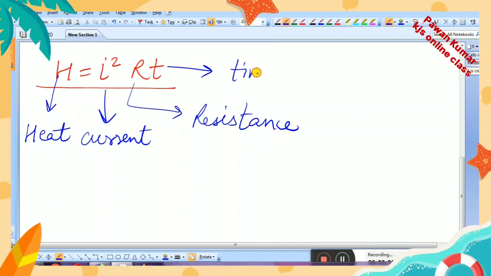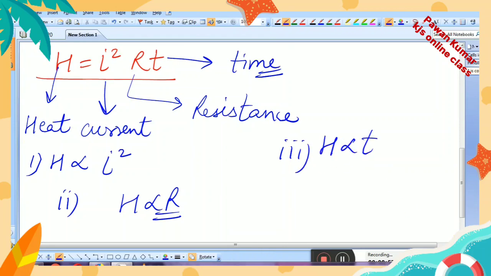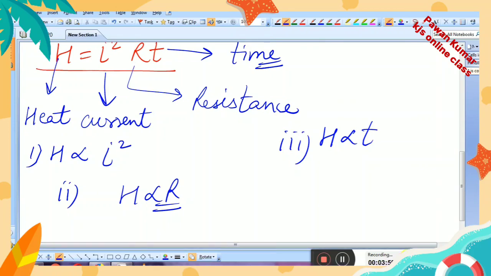T is the time for which you allow current to flow. So the heat produced depends on three factors: I square, the current squared, the resistance of the conductor, and the time for which we allow current to flow.